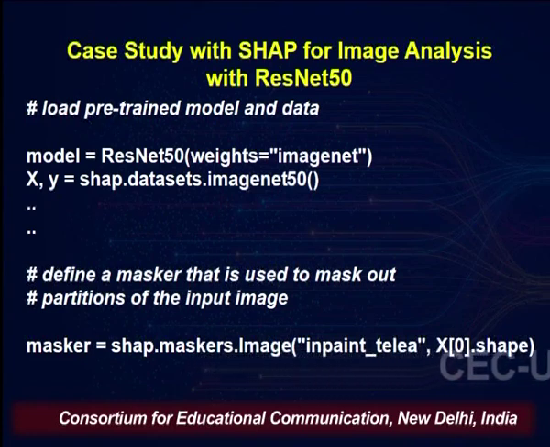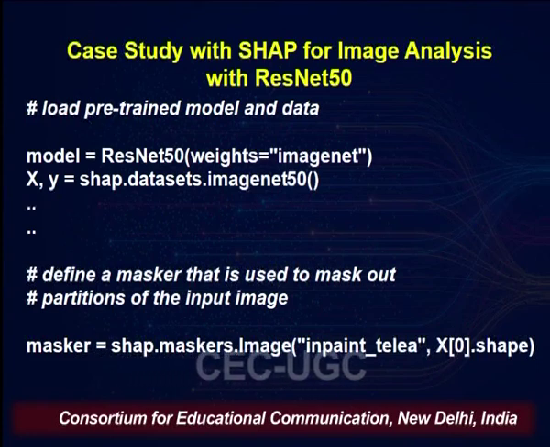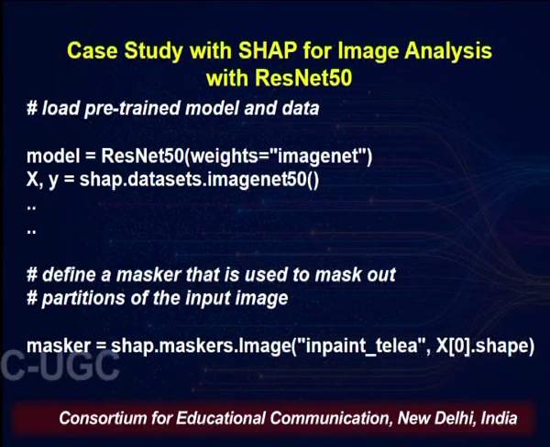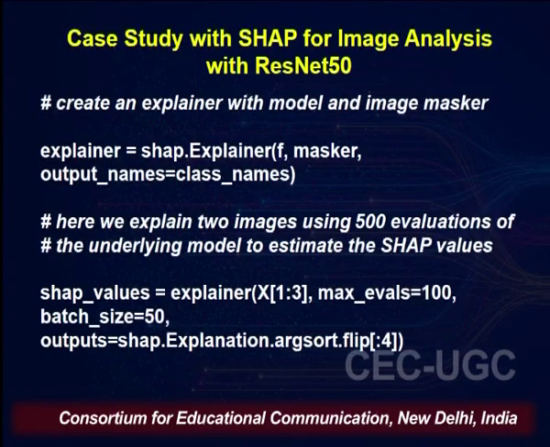Whenever we are loading a data set and we want to see the output, it could be different cases, like a segmentation problem or some kind of recommendation problem. So, in this case we have taken a masker. We define the masker that is used to mask out the partitions. Accordingly we train the model, and then we use the explainer.